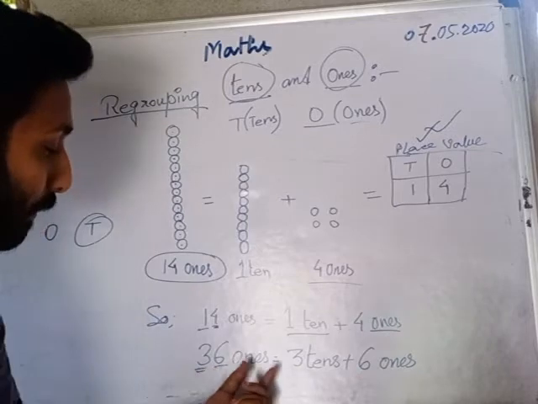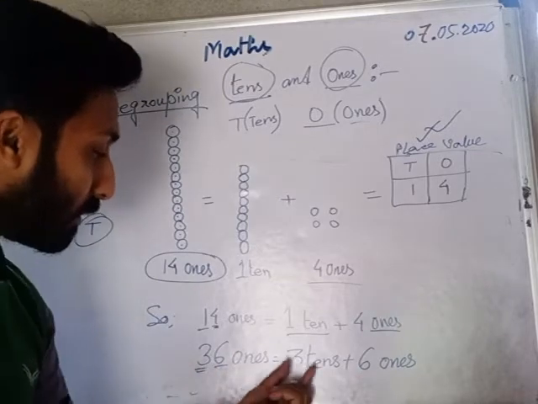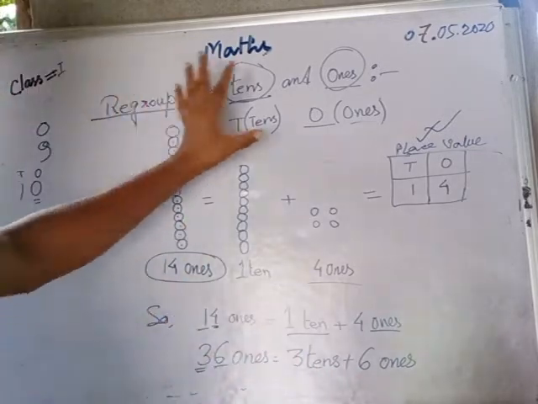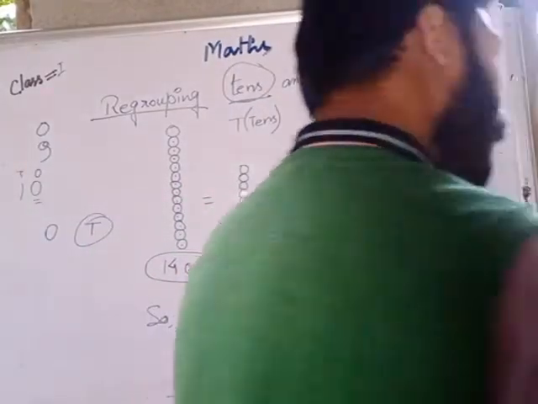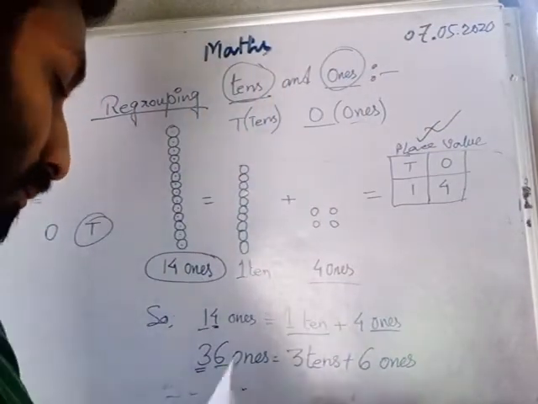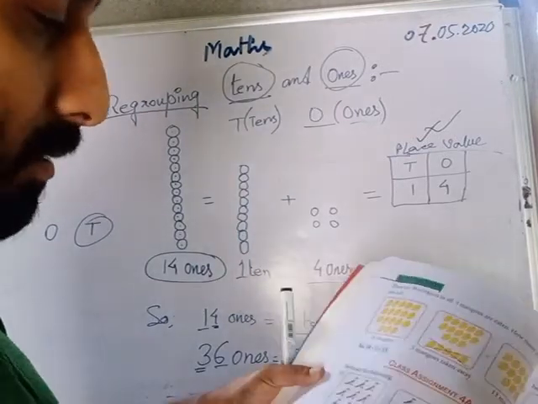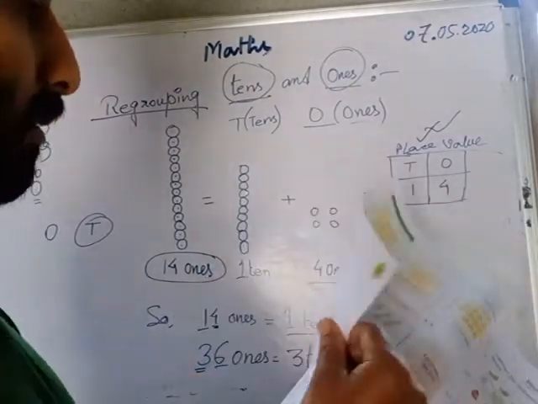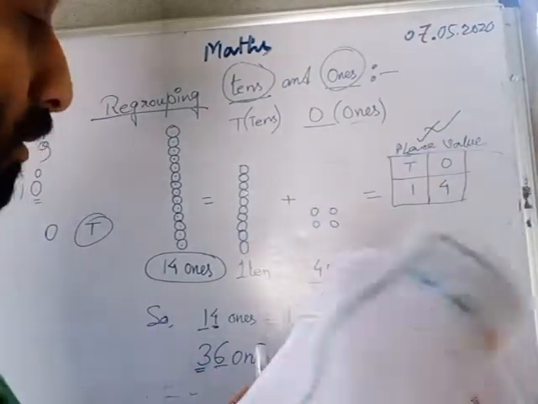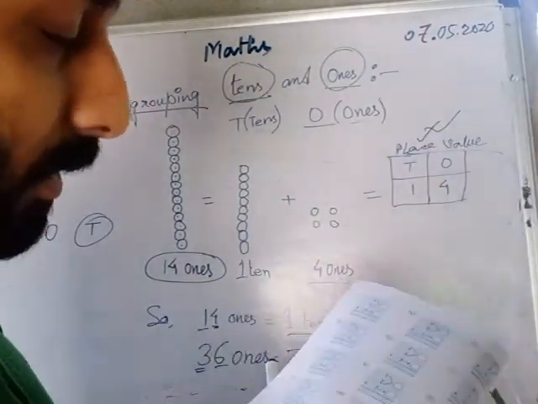And 3 is at the place of tens, so we should write here 3 tens. It is the regrouping of tens and ones. It is called the regrouping.